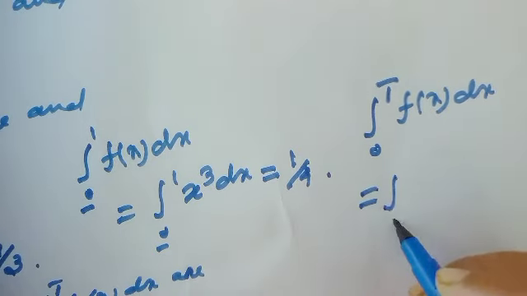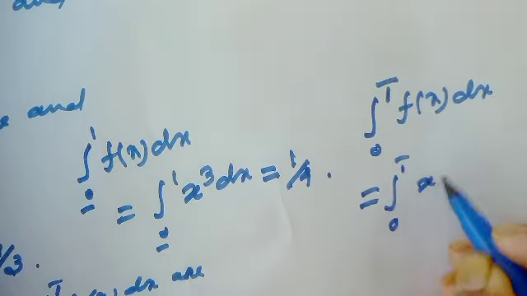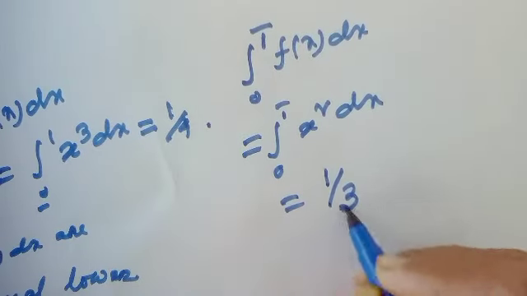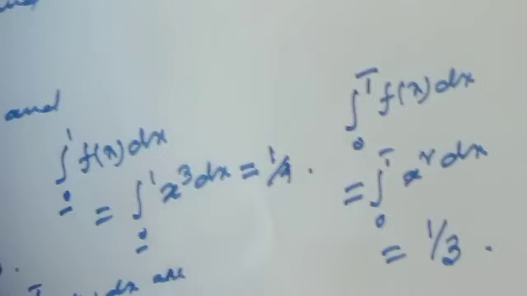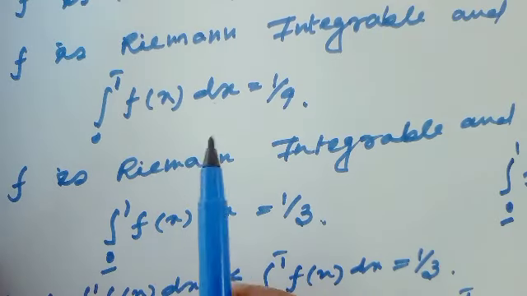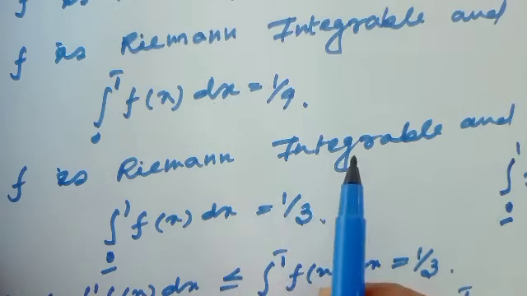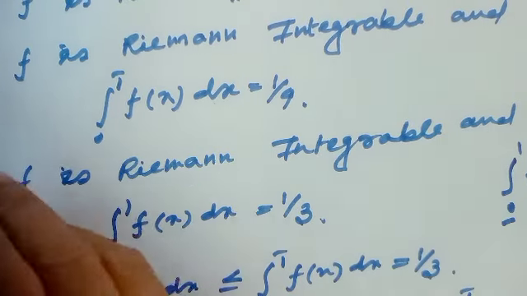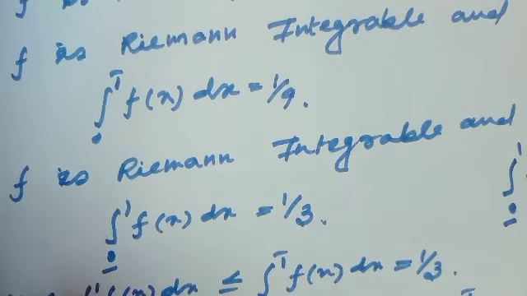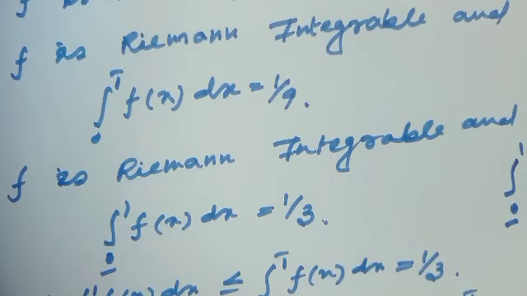That means this is equal to 0 to 1 bar of x square dx, which is 1/3. Are you getting? That means the value of the upper integration is 1/3. So option 2 is the wrong option and the value of the lower integration is 1/4, so option 3 is also the wrong option.